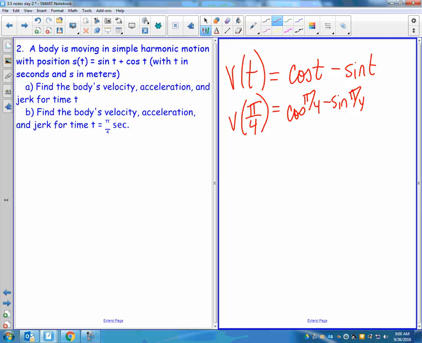Radical 2 over 2, radical 2 over 2 is our pi/4. So you get radical 2 over 2 minus radical 2 over 2, which gives me that the velocity at pi/4 is equal to 0, and my units here would be in meters per second.